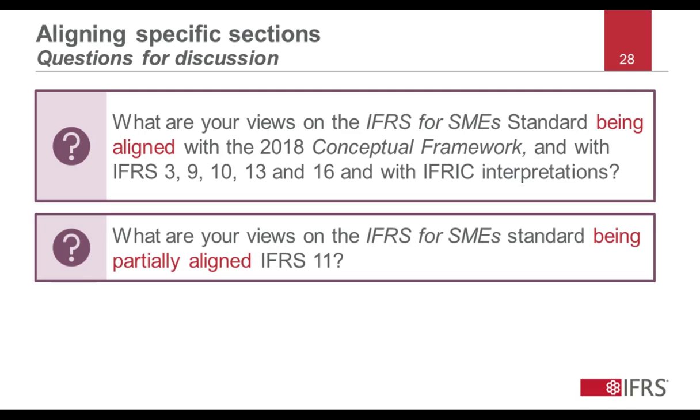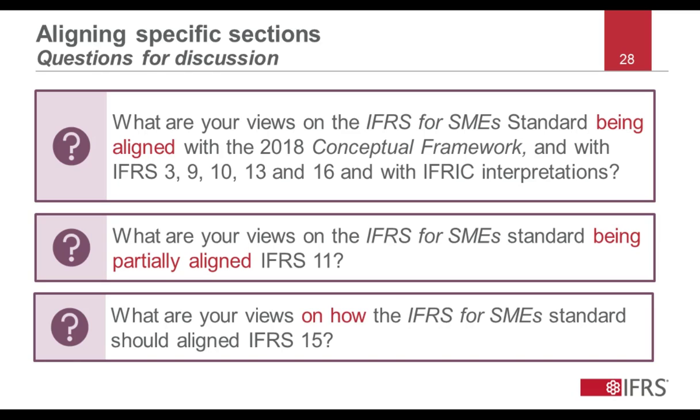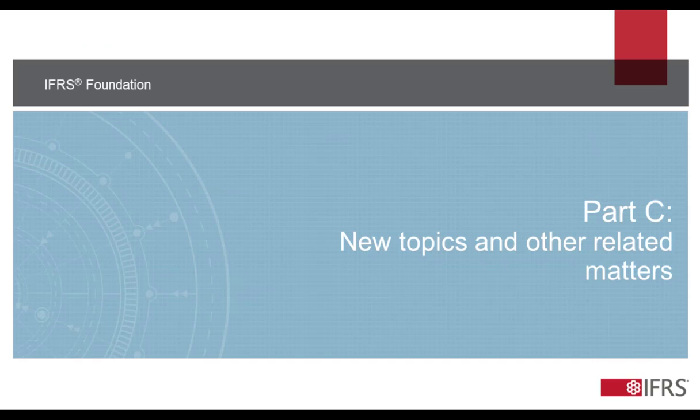It seeks views on standards where we're thinking about partially aligning IFRS 11 and the amendments. And finally, it seeks views on how we could align with IFRS 15. So that is a very quick overview of Part B of the request for information, and I'm going to hand back to Yusuf, who is going to address Part C.